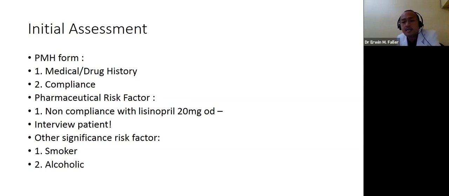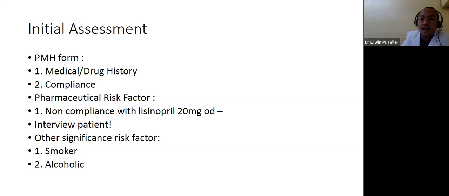And since he is non-compliant, you'll be able to interview the patient as to why the patient is non-compliant with the medication. Are there any complaints? And other significant risk factors, in terms of smoking and alcoholism, that may reflect in your social history.